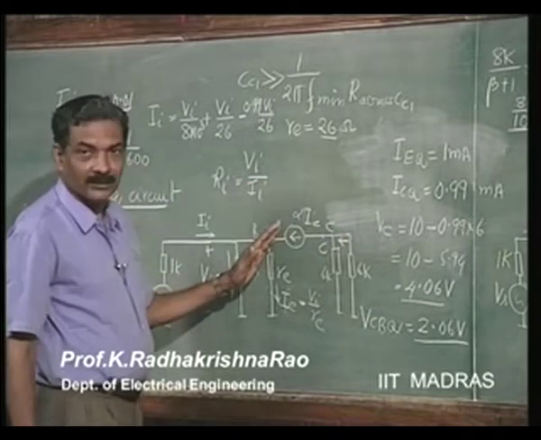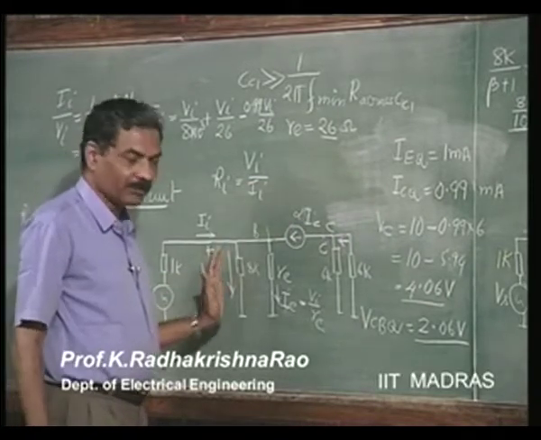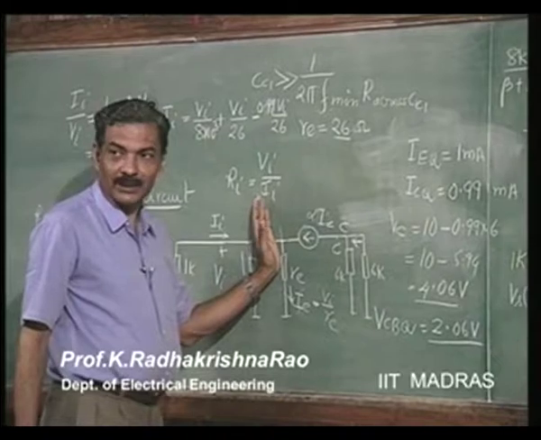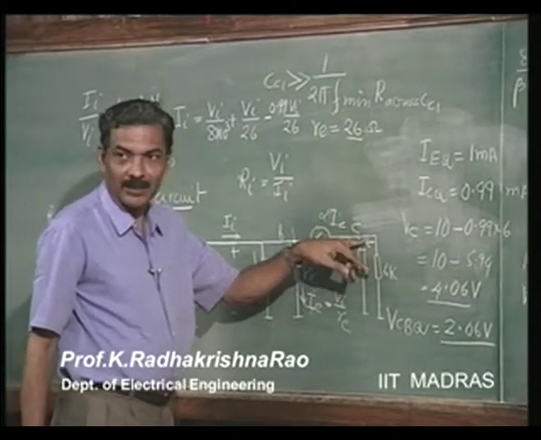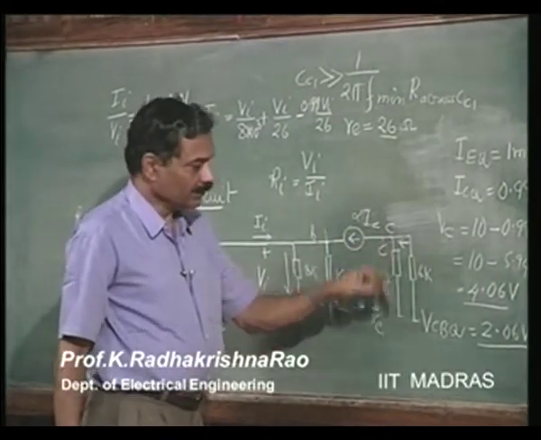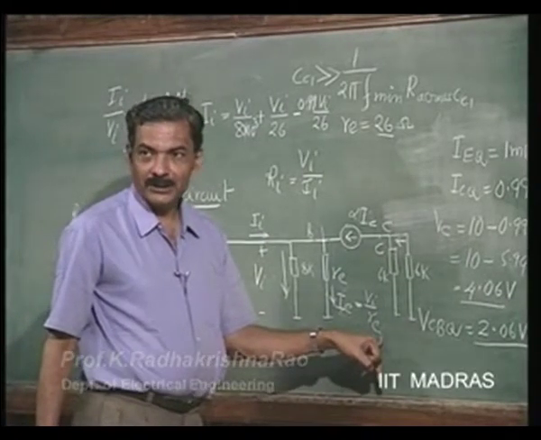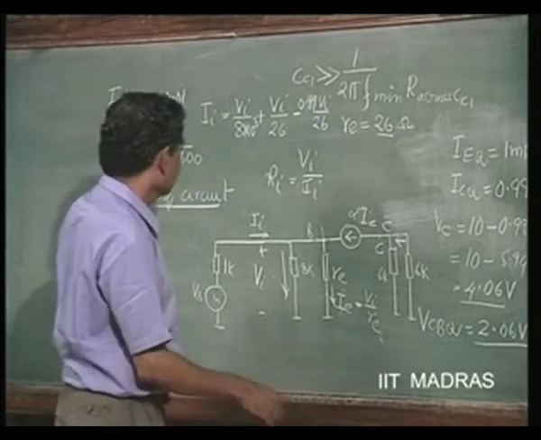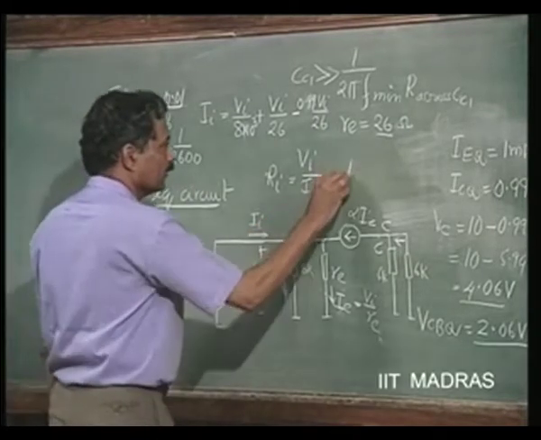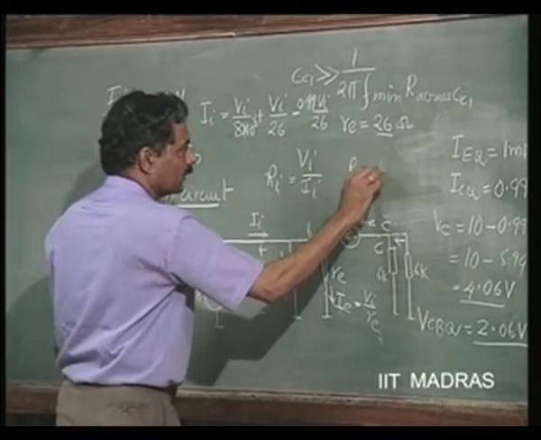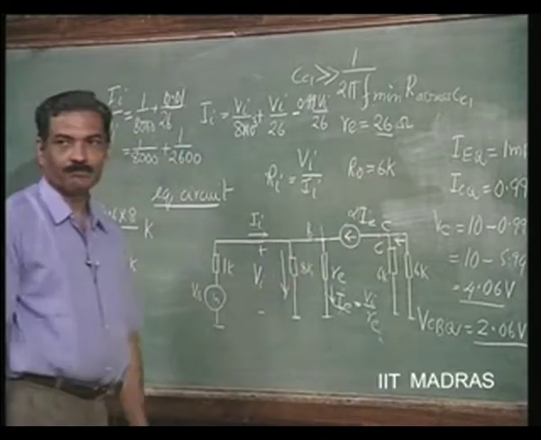So, this is a current source which is excited by the input. That current source is not at all there when you are exciting it by the output. So, just the 6 K resistance is going to be the output resistance. Right. So, output resistance is equal to 6 kilo ohms. Simple.